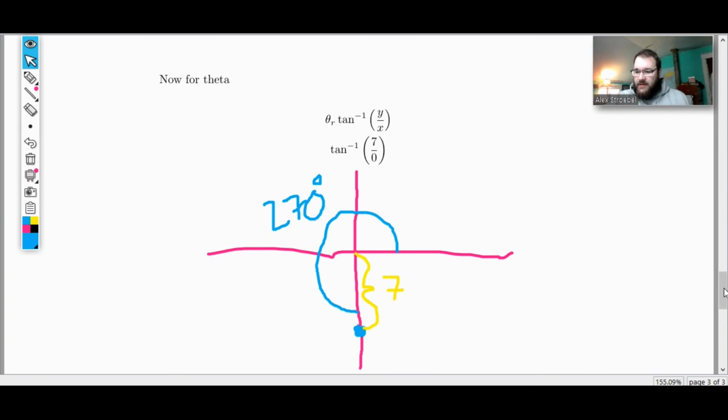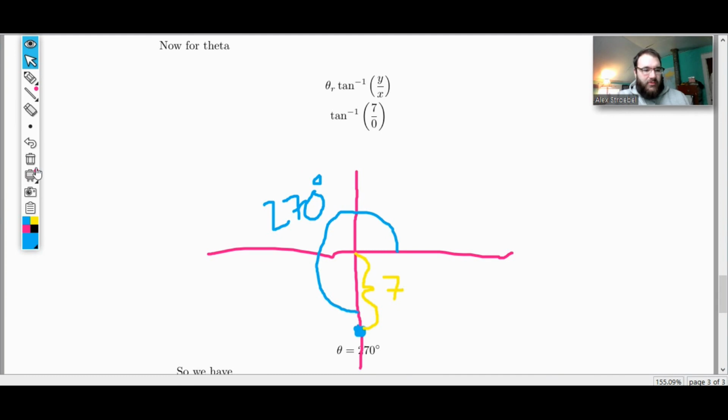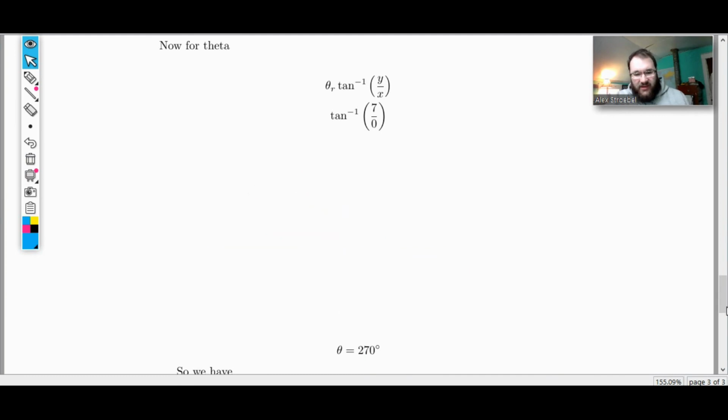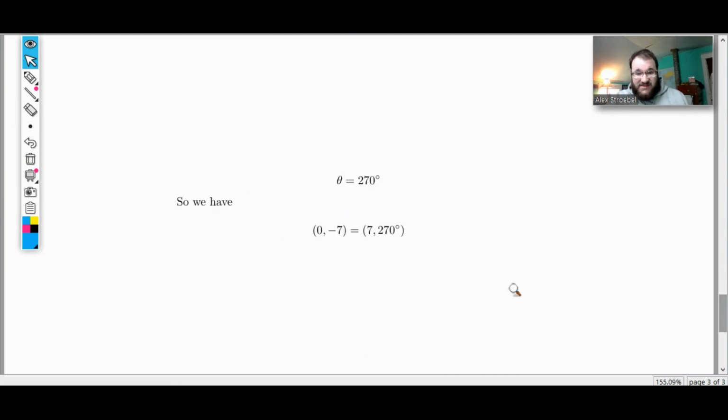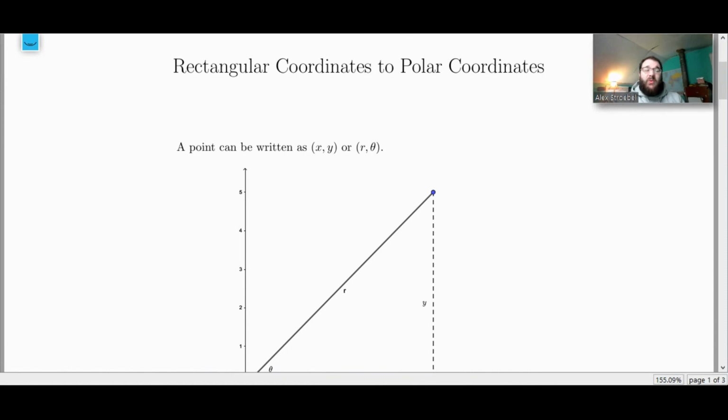That makes our point in polar coordinates 7, 270 degrees. I hope this is helpful with trying to convert rectangular coordinates into polar coordinates.